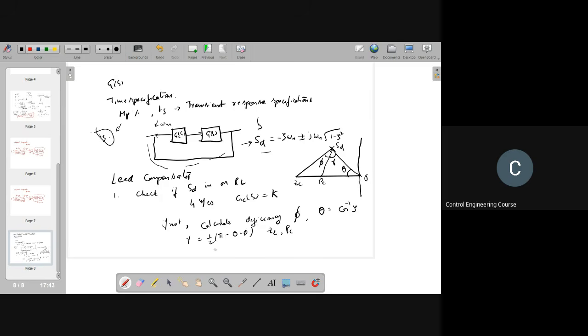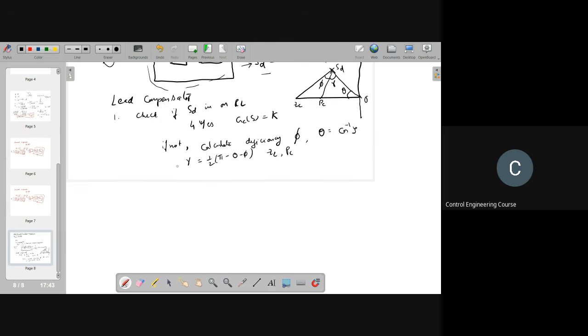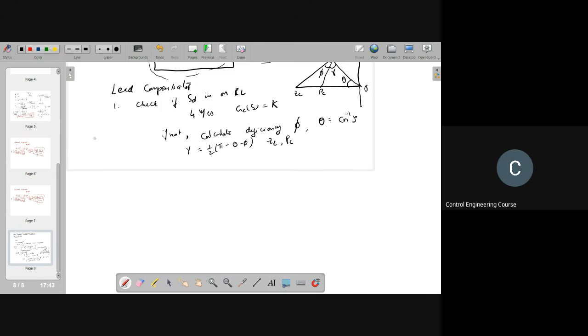Once you calculate, the compensator transfer function will be Gc of s equal to K into s plus Zc by s plus Pc, and you compute K by using the magnitude criterion. So this is how you do it.